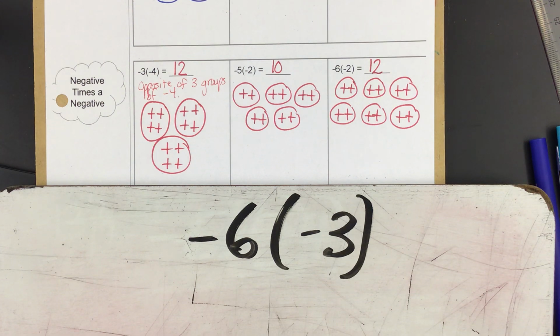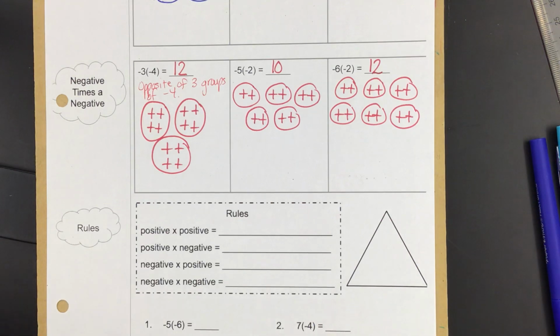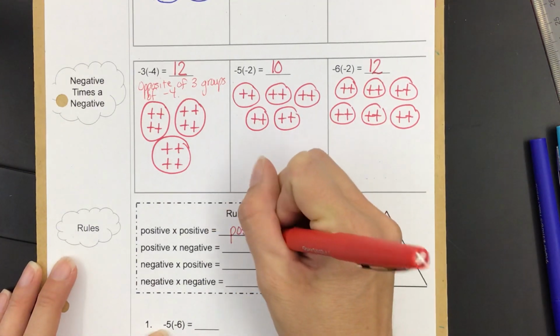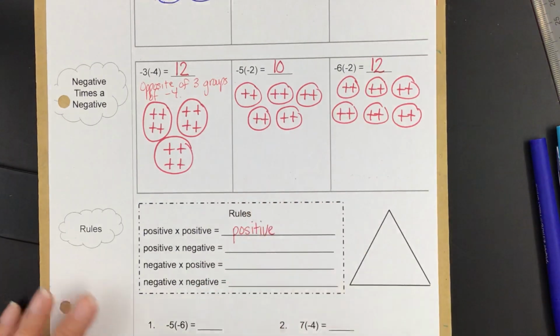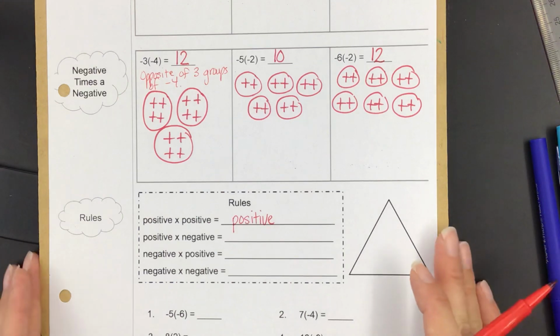Let's talk about the rules, and then we'll get some mixed practice in. Okay. All right, I want to hear your voices. When we multiply a positive number by a positive number, the answer will be positive. Good. That's what you learned in 3rd grade. Now let's take a look above.